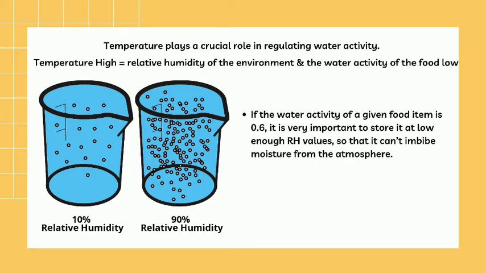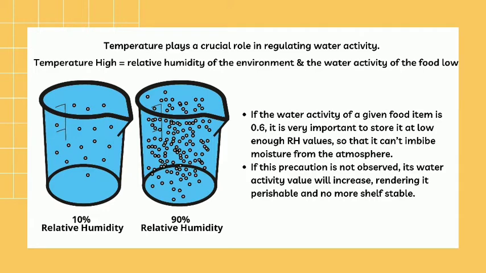If the water activity of a given food item is 0.6, it is very important to store it at low enough relative humidity values so that it can't imbibe moisture from the atmosphere. If this precaution is not observed, its water activity value will increase, rendering it more perishable and no more shelf stable.